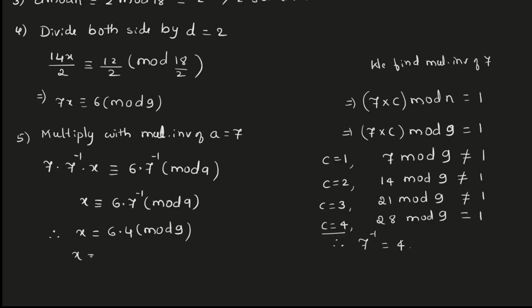That is 24 mod 9, and when it is divided by 9, the remainder is 6. Yes, it is 6 mod 9. What does it imply? x naught is equal to 6. This is the initial solution.